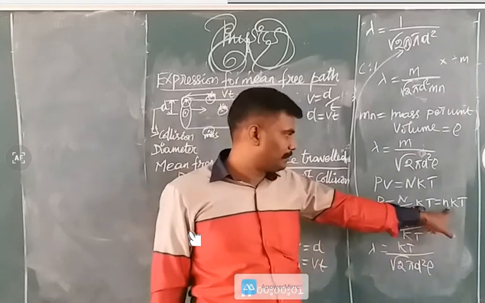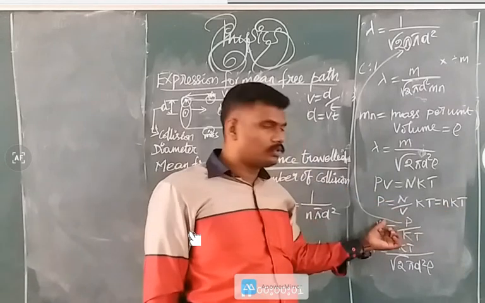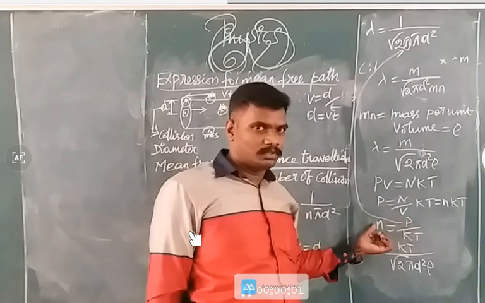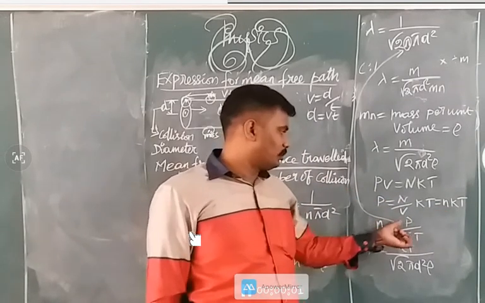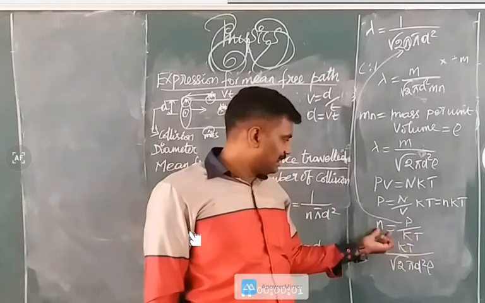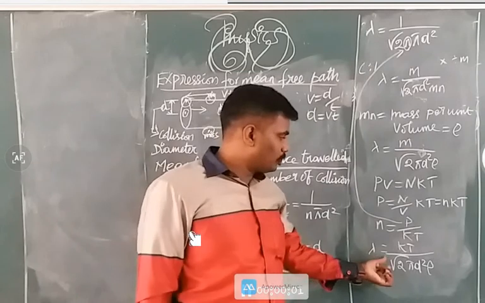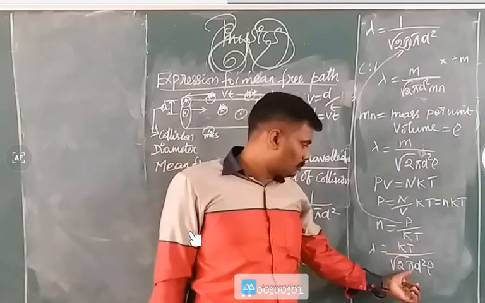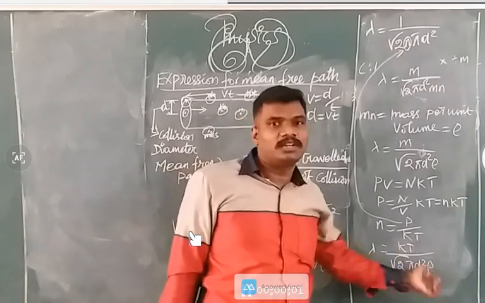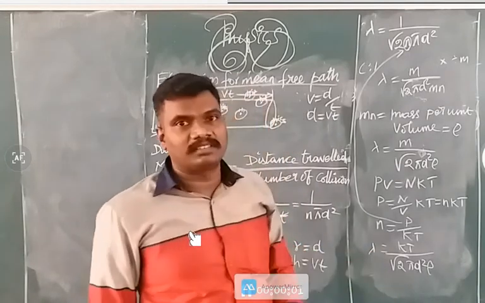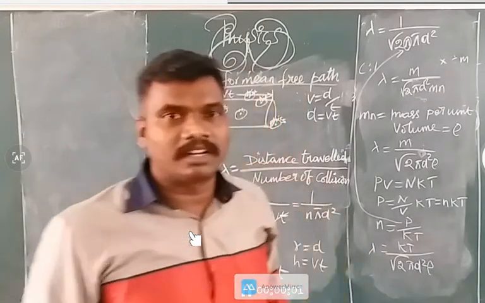From this, n is equal to P divided by kT, since the kT term moves to the denominator. This n is substituted in the equation and we get lambda is equal to kT divided by root 2 pi d square into rho. This is the mean free path equation, a very important equation.